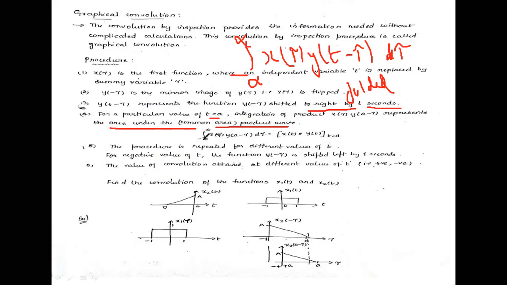So the integral from minus infinity of x of tau y of a minus tau d tau is nothing but the convolution of the signals x of t and y of t at t equal to a.